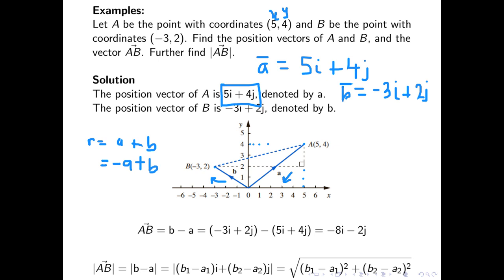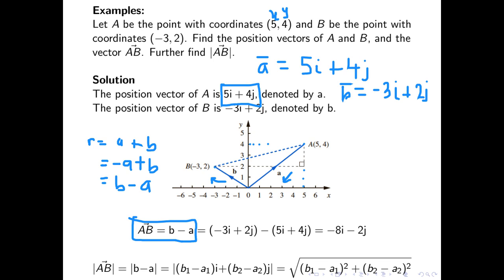I hope you do understand that. This can also be written as, because it's positive B, that's B minus A. And that is how I have obtained this equation. Hence, we simplify.